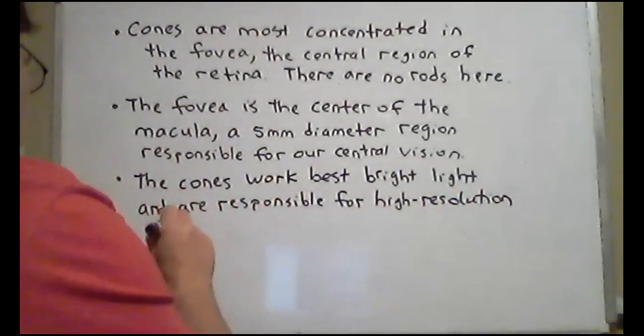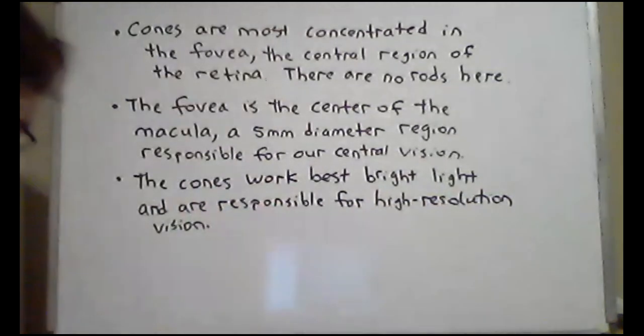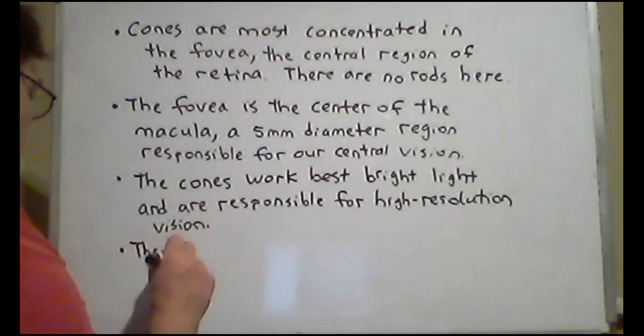The cones are responsible for color. All right, and so there are about 6 million cones in the human retina. Compared to the 120 million rods, there are about 6 million cones in the human retina.